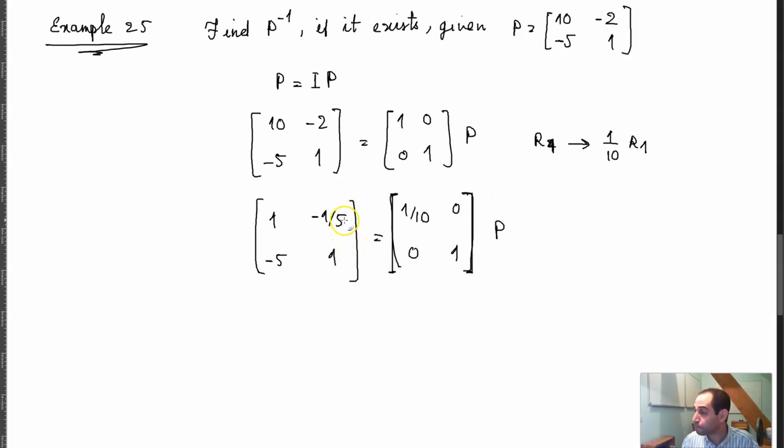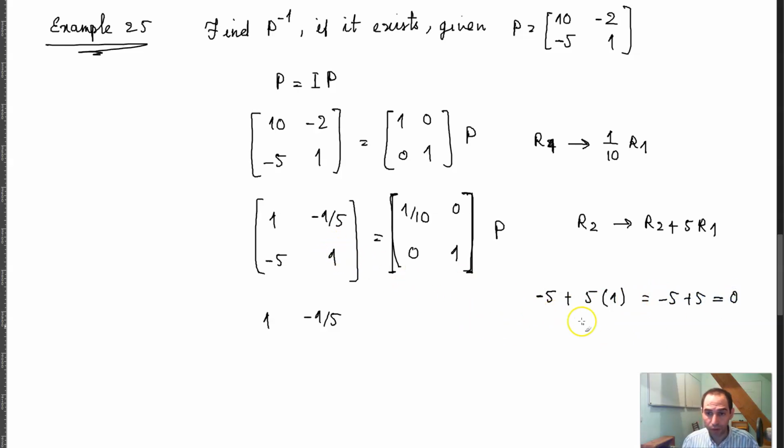So if I apply, for example, R2 becomes R2 plus 5 times R1, then the first row remains the same, 1, negative 1/5, and R2 becomes, for example, negative 5 plus 5 times 1, which is equal to 0.